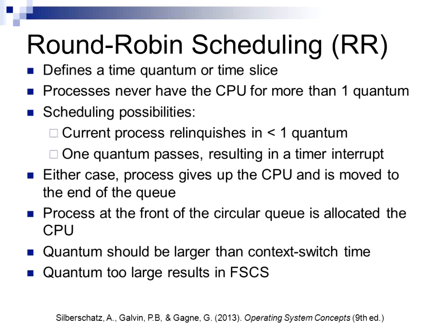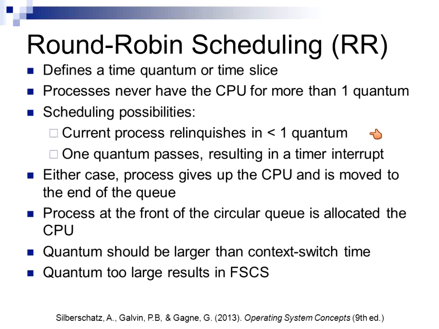Okay, another type of scheduling that you'll see, usually done with interactive systems, is round-robin scheduling. In a round-robin scheduling system, often abbreviated RR, you define a time quantum or a time slice, and the processes never have the CPU for more than one quantum, more than one time slice.